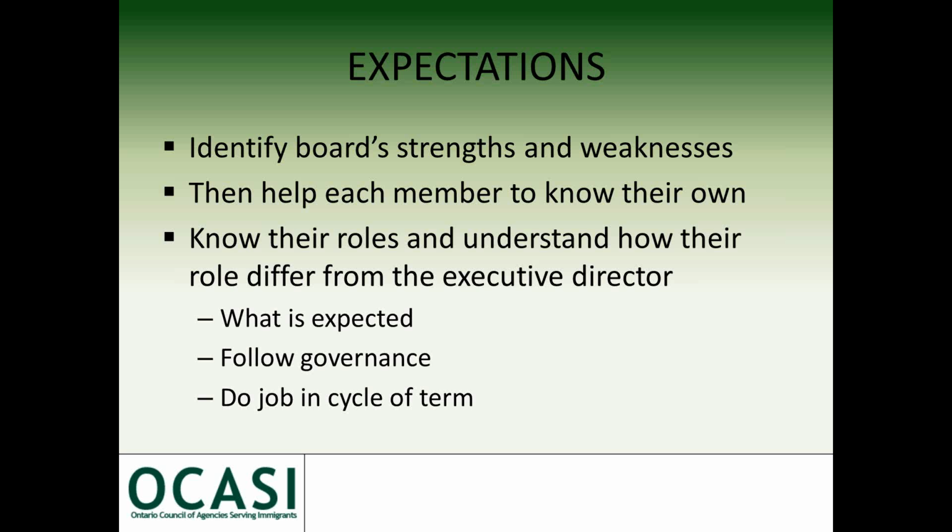If we're talking about those people all the time, how do you get someone to move to more inclusive language? Is that something the board has within their mandate, to train board members to be inclusive in language? So help each board member understand their strengths and weaknesses before they come on board, so that once they've been identified, I don't have to spend so much time working on my strength, but I do need to spend a lot of time to try and make my weakness as strong as my strength.